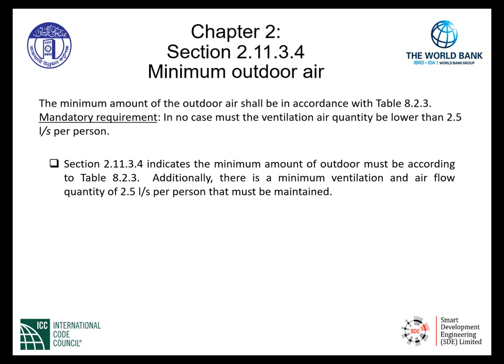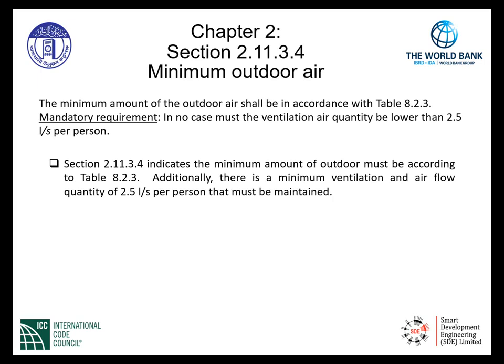The fourth column was the occupant density column. We use the occupant density column to calculate the number of people in the breathing zone. And finally, the very last column, as you recall, is the exhaust airflow rate that may or may not be required based on certain spaces in the building.